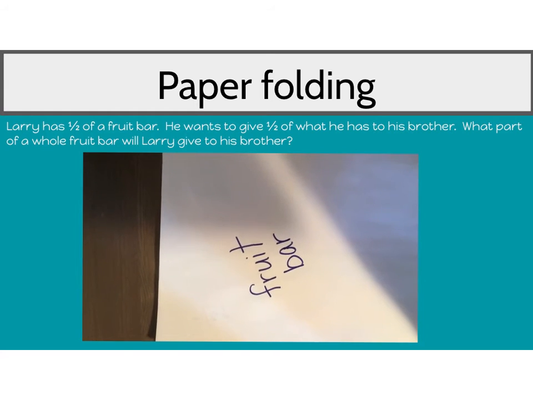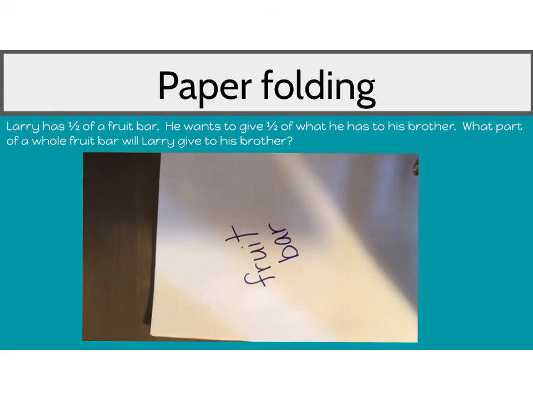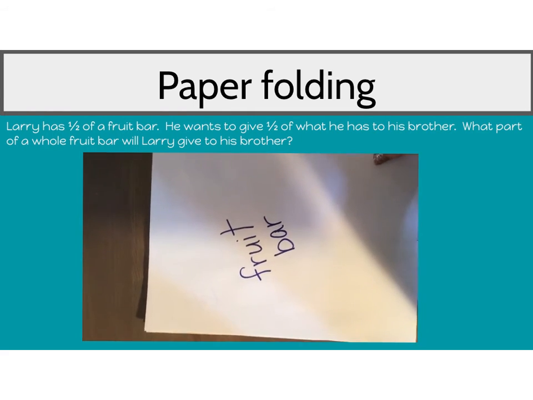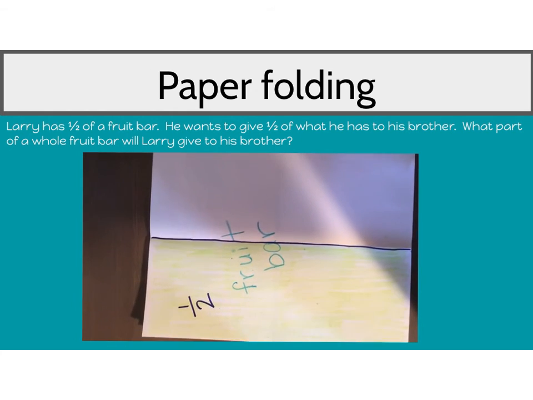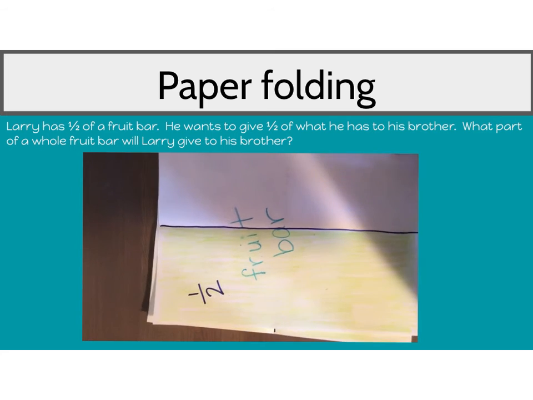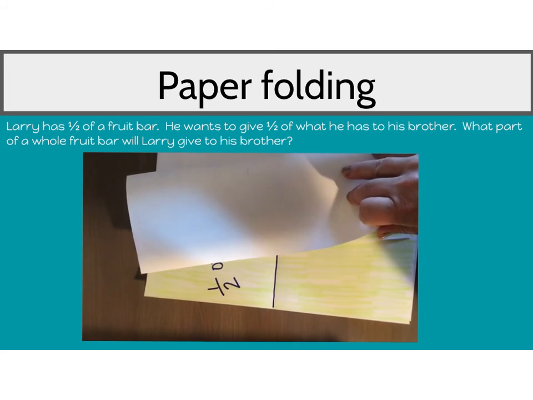For our first problem, I need you to think of this sheet of paper as a whole fruit bar. And in the problem, it tells you that the young man is going to get half of a fruit bar. So what we're going to do is we're going to fold this sheet of paper lengthwise.